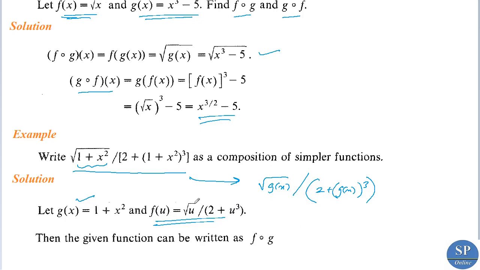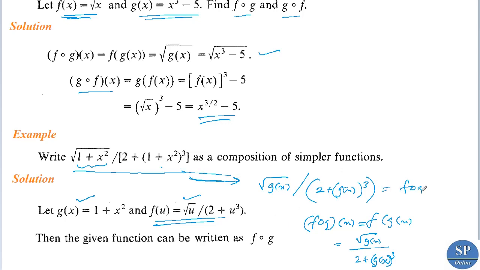That is, if we replace this as this, we get f of g of x is equal to square root of g of x divided by 2 plus g of x cube, where this is f of u.